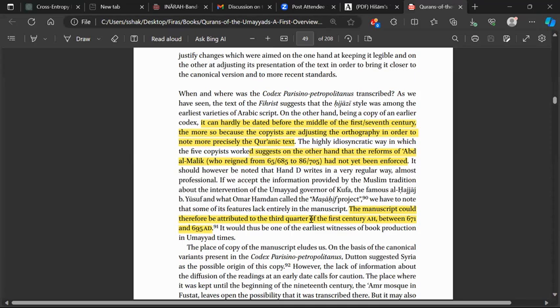So the Uthmanic is 650s, right? And then we're only talking another 40 years later for the other. That's not a lot of time.